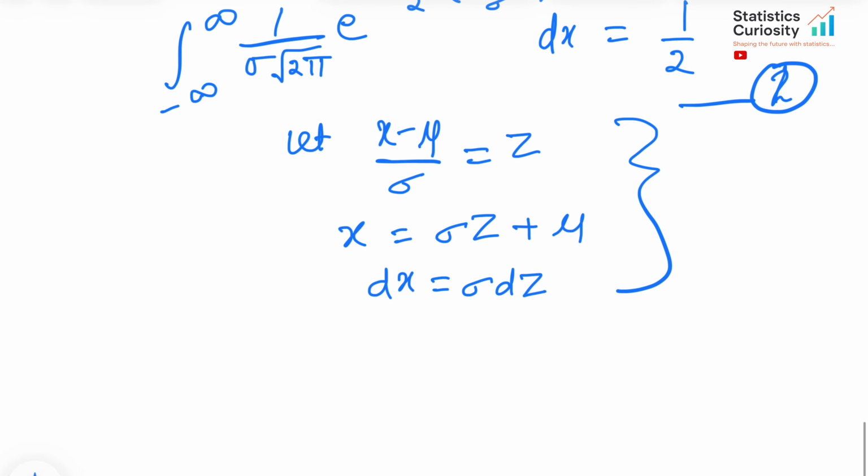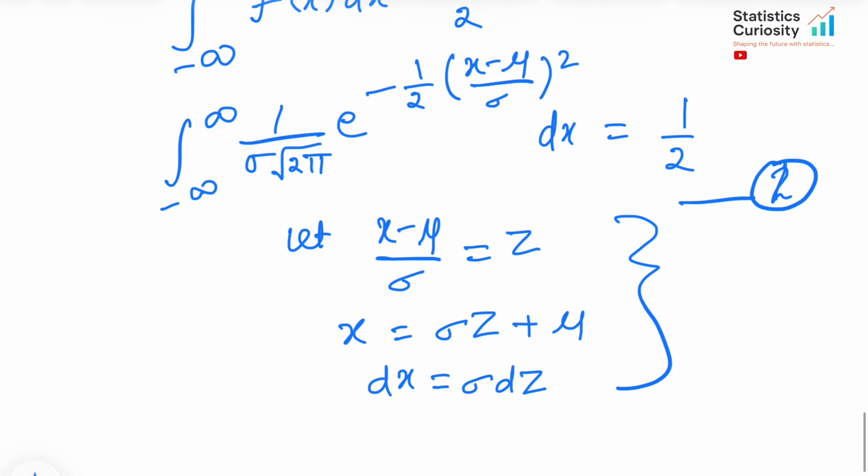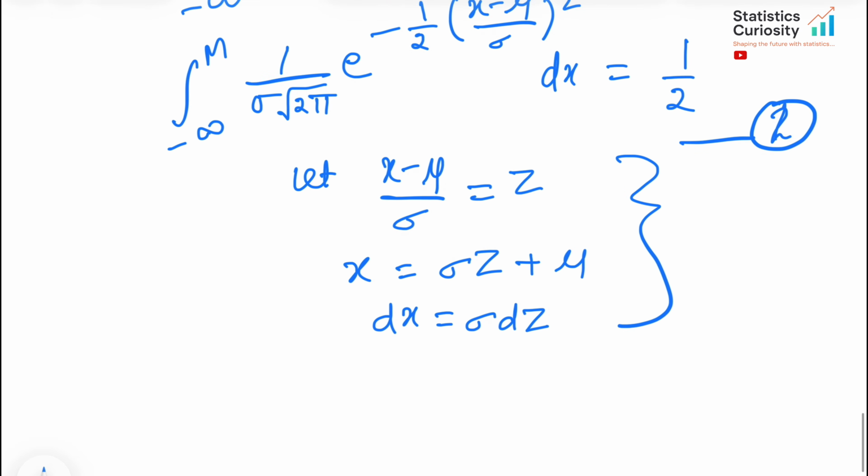If we substitute these values, we will get the limits: since you need to substitute minus infinity in this x, this will give you z equals to minus infinity. And when you put x equal to capital M in this x, this will give you z equals to (m minus mu) upon sigma. That's how you substitute the values.